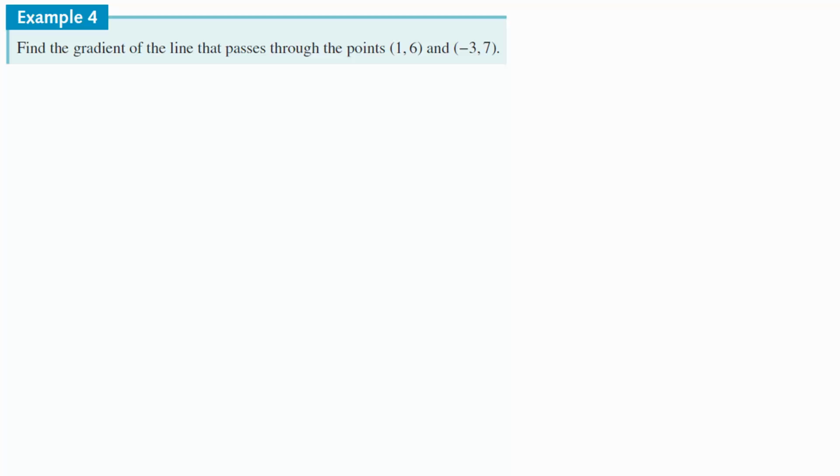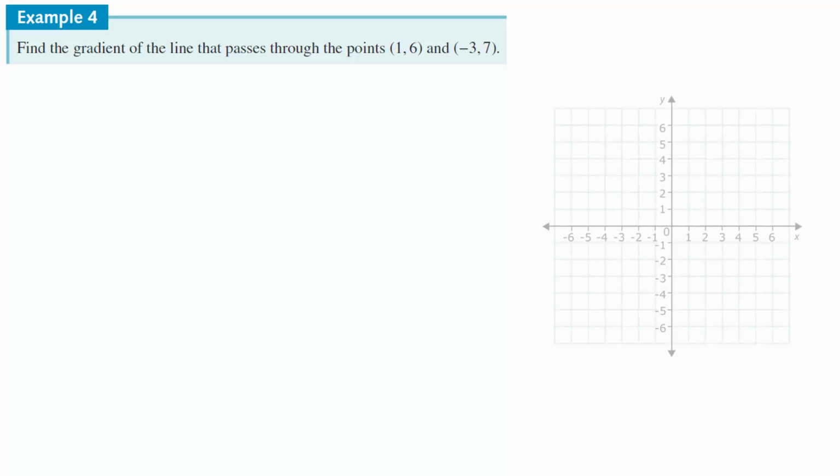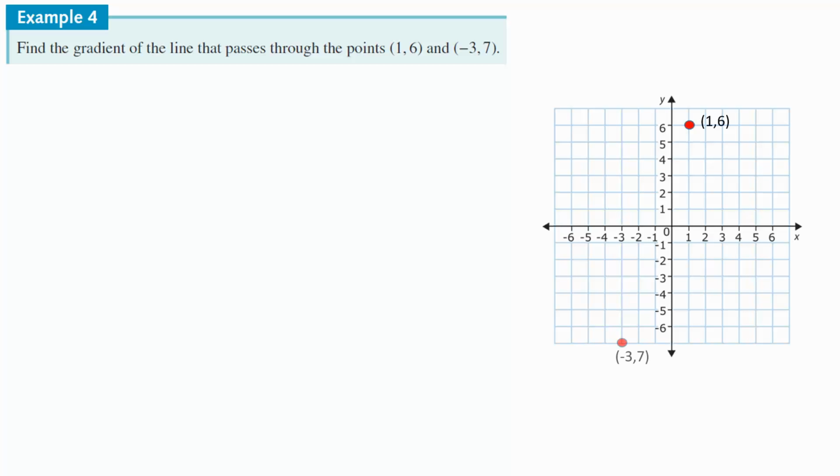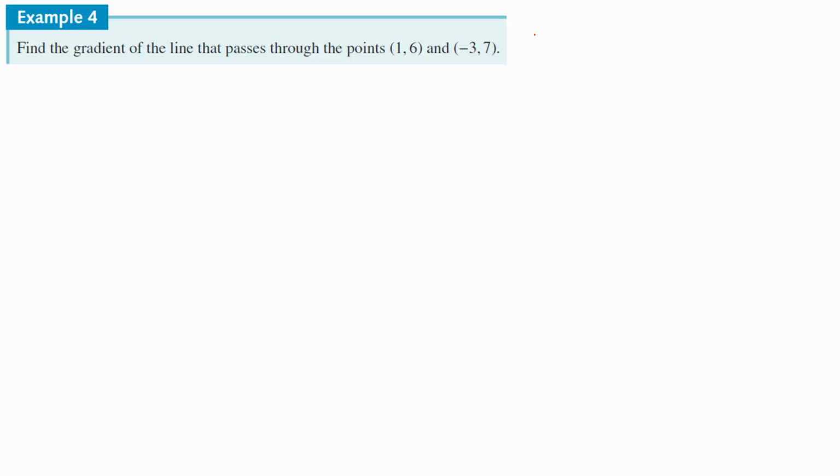Gradient of this line. y2 minus y1 over x2 minus x1. It's your gradient formula. That's the only one thing I taught for 2B so far. 7 minus 6. There'll be more for you to take in.